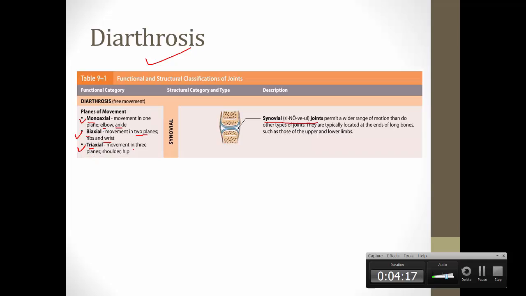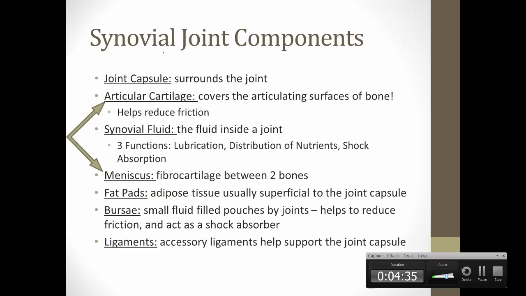Triaxials are the joints that are freely mobile, like the shoulder and the hip. These ones can do movement in all three planes. They can do flexion, extension, abduction, adduction, medial, and lateral rotation. We have more definitions here. We'll start with the first one, which is called the joint capsule, which is basically a membrane of connective tissue that surrounds the joint.